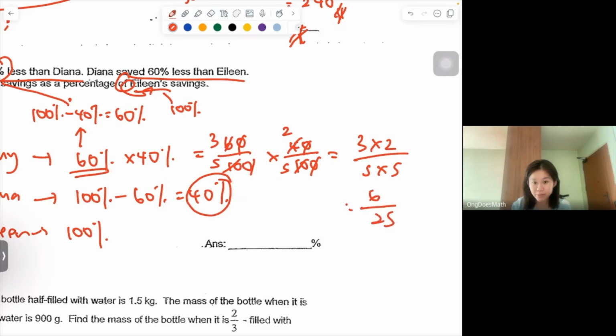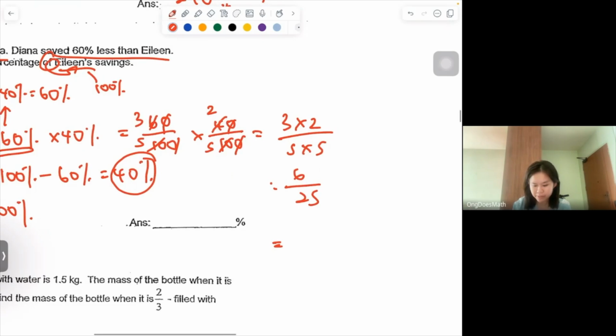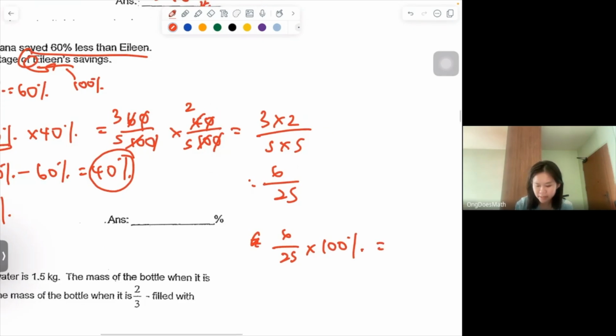Then you just have to express this as a percentage, so you times 100%. This can be simplified. 25 divided by 25 gives you 1. 100 divided by 25 gives you 4. You can also simplify slowly if you can't see that it's divisible by 25.